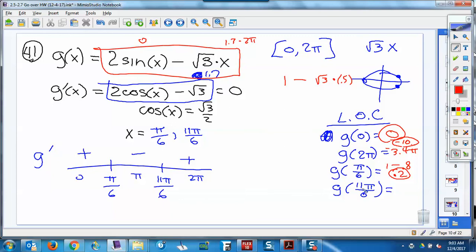Okay, 11 pi/6, well that's almost 2 pi, right? I mean 11 pi, that's like 33 over 6, it's like 5 point something, 5.5-ish. But I put 11 pi/6 in here, sine of 11 pi/6, that's negative 1/2, 2 times negative 1/2 would be negative 1 minus square root of 3 times 11 pi/6, which is roughly 5.5.